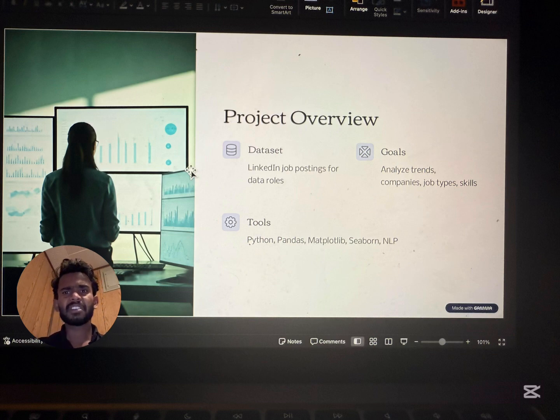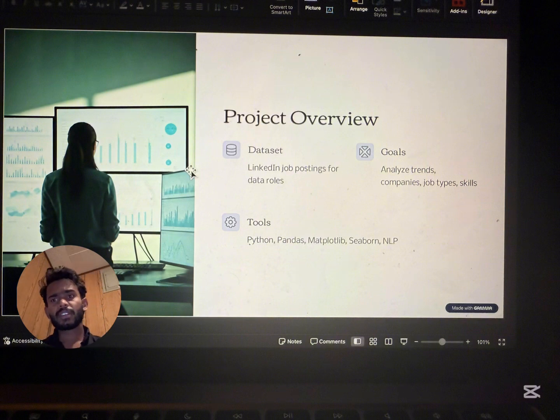Each record includes the job title, company, location, description, work type, employment type, and date posted. It's ideal for data analysis because it reflects real world hiring demands and trends.